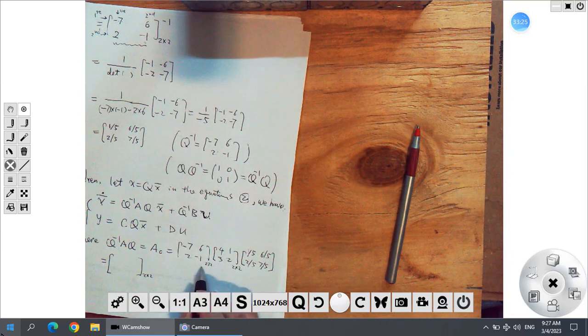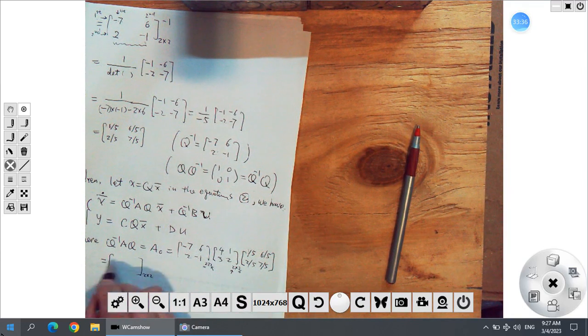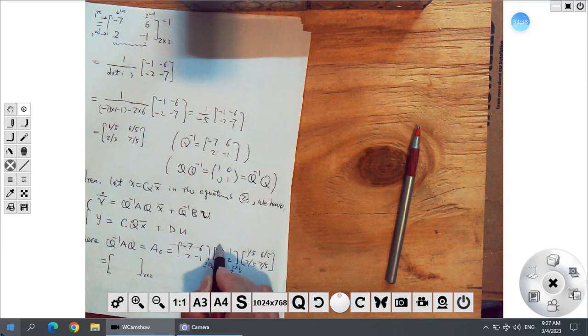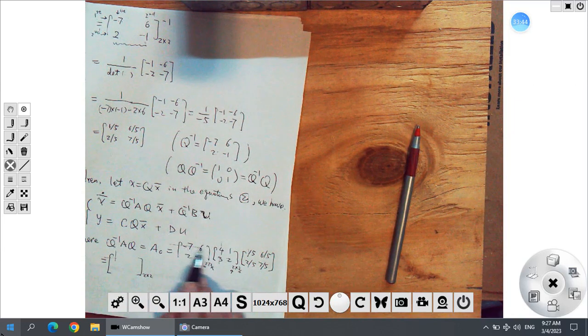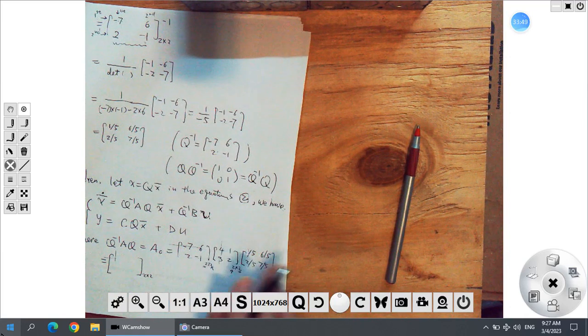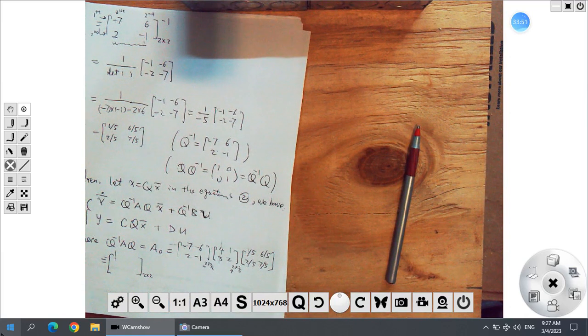Remember, you use the first index and the second index, and these two cancel. After you cancel these two, you have 2 by 2, right? Then the first row times the first column, you get this element. So it's -7 times 4 plus 3 times 6.